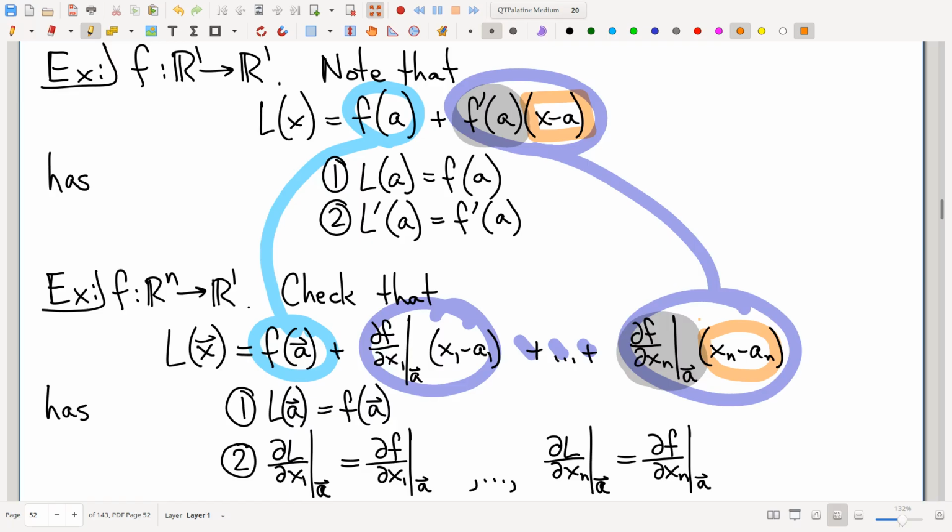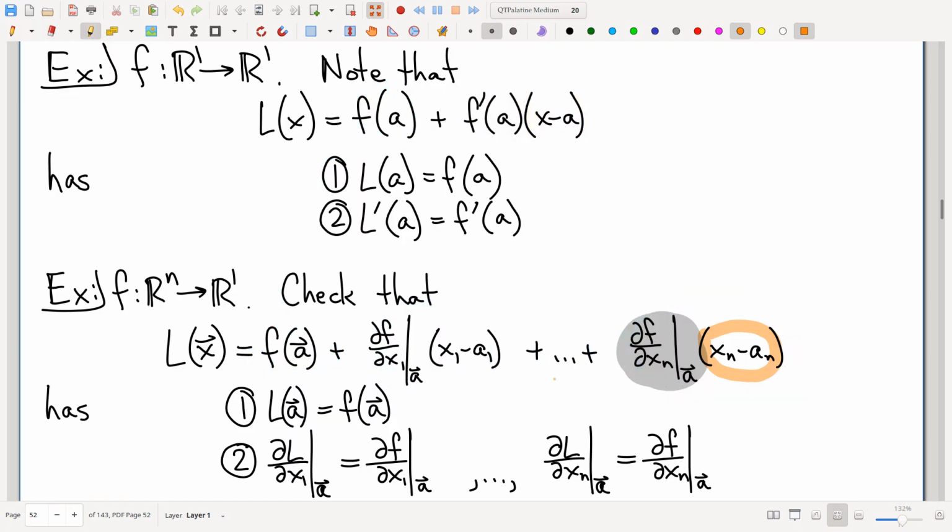Okay. So again, a common mistake that students make when they're trying to make sense out of this formula, when they're trying to prove this property number 2 down here, is as students compute the partial derivative of this L function, very often students forget to treat this as a constant, because it is a constant.